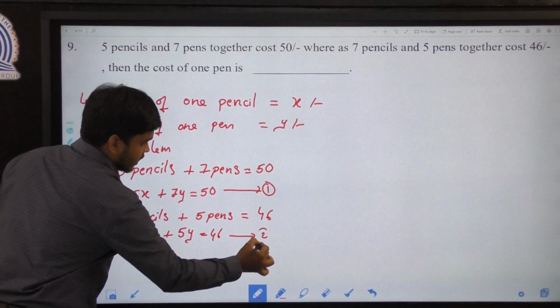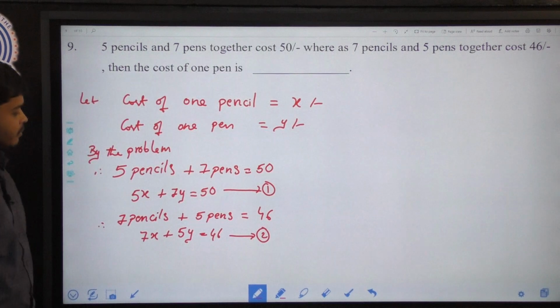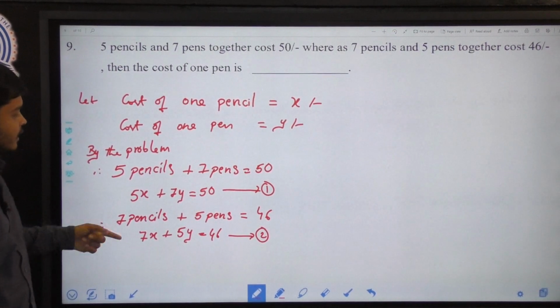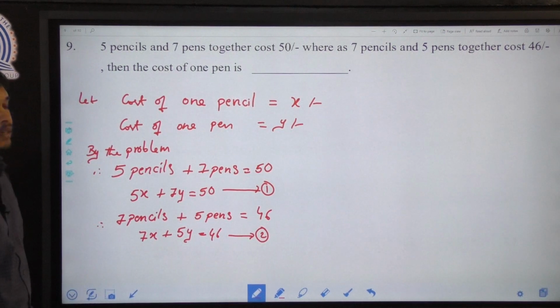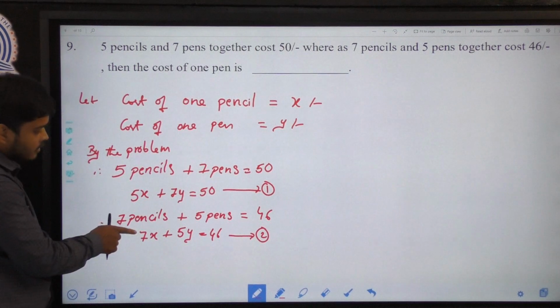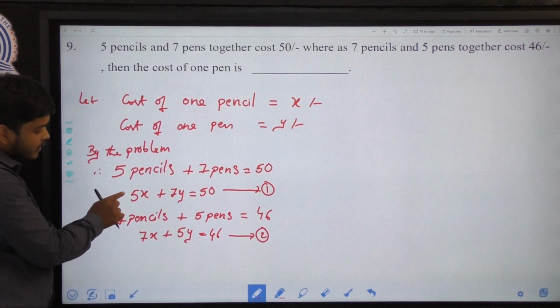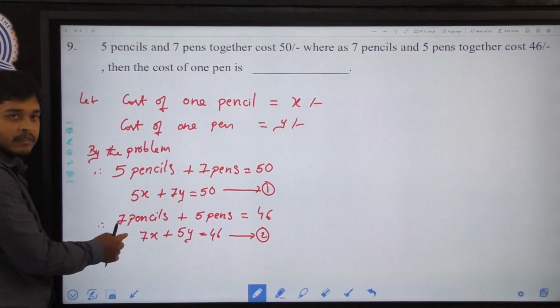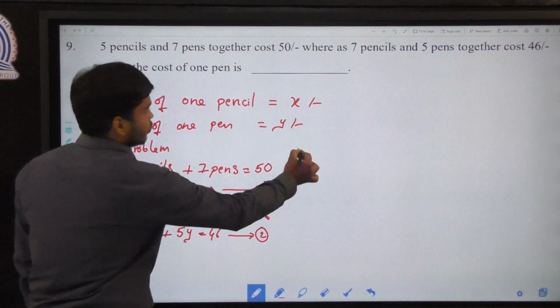I am taking this as equation number 2. By using the elimination method, I am solving these two equations, then you will get the cost of 1 pen. By eliminating x, I am multiplying equation 1 by 7 and equation 2 by 5.